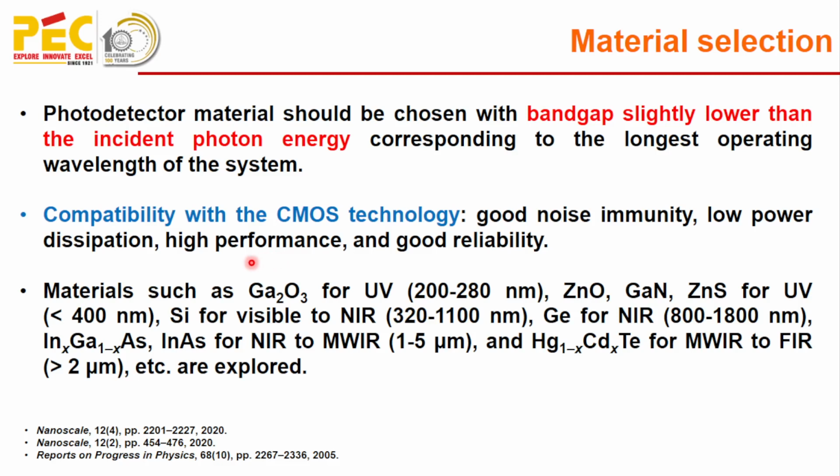Several semiconductor photosensitive materials including gallium oxide, zinc oxide, gallium nitride, zinc sulfide for the ultraviolet application, silicon for the visible to near infrared, germanium for the near infrared, indium gallium arsenide, indium arsenide for the near infrared to the mid wavelength infrared, and mercury cadmium telluride for the mid wavelength to far infrared, and sector R has to be explored.